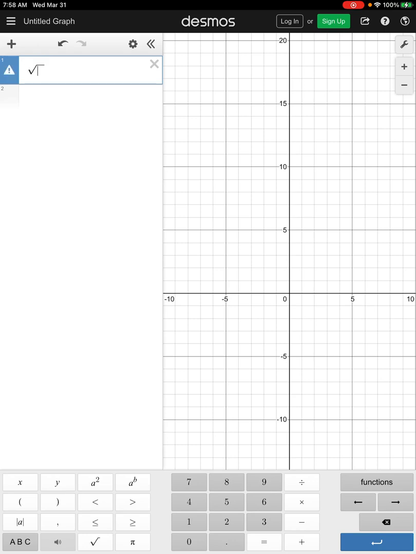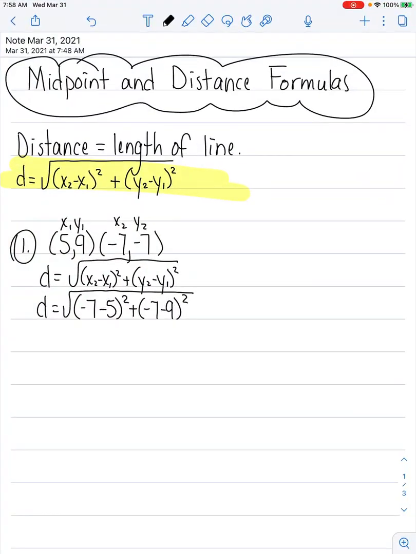Type your square root symbol, parenthesis, second x, which is -7, minus your first x, which is 5, parenthesis squared, plus parenthesis my second y, which is -7, minus my first y, which is 9, parenthesis squared. So I got 20. So the distance between those 2 points, or the length of that line, is 20 units.